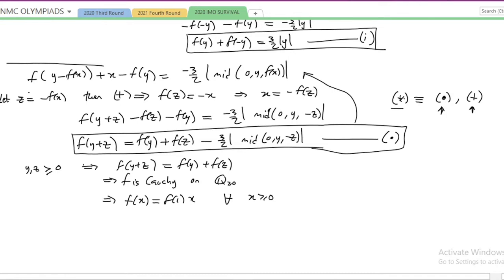So yeah, that's that. And then now we look at a similar one when they are both negative. This time around y will be negative, but minus z will be positive. So once again the mid is 0. So this way we still have our Cauchy type equation.